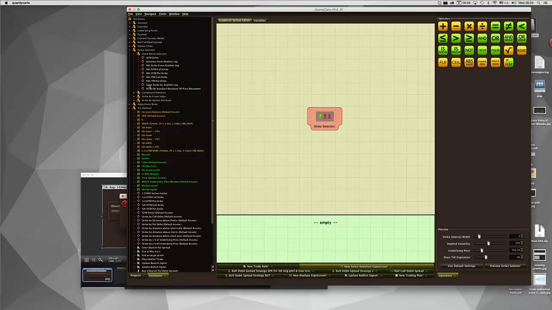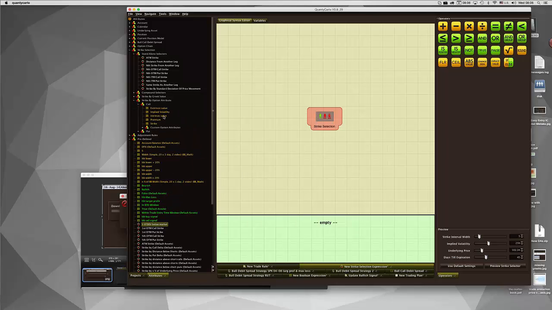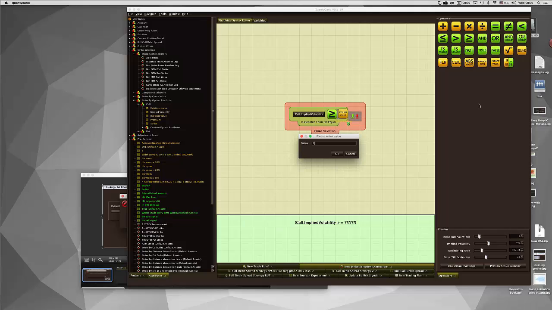So what I can do is say strike by option attributes. If I want to say implied volatility, I can say that my call implied volatility is greater than or equal to, let's say, 0.18.